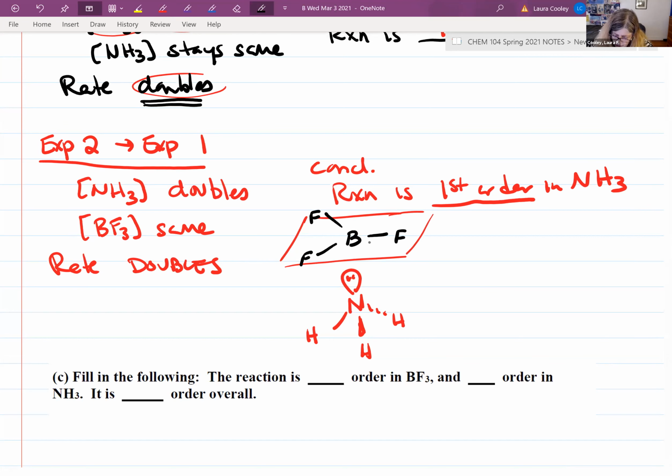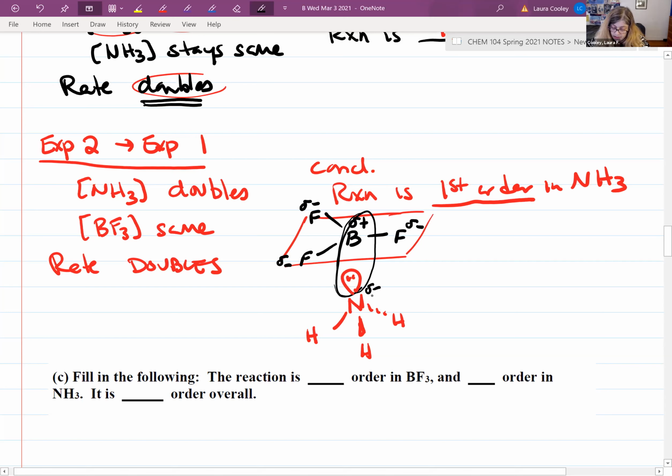But if you calculate the electronegativity difference, you will notice there's a delta positive and delta negatives on each of the fluorines. So you have an attraction here between the electrons in that lone pair, and also you have a delta negative here on the nitrogen.